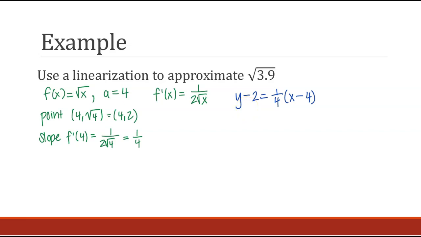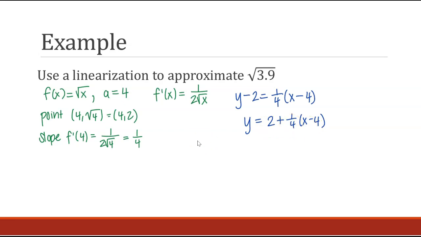Because we are going to use it in just a second to approximate the square root of 3.9. So we're going to add the 2 to the other side. So 2 plus 1/4 times x minus 4. So now this is a linearization.